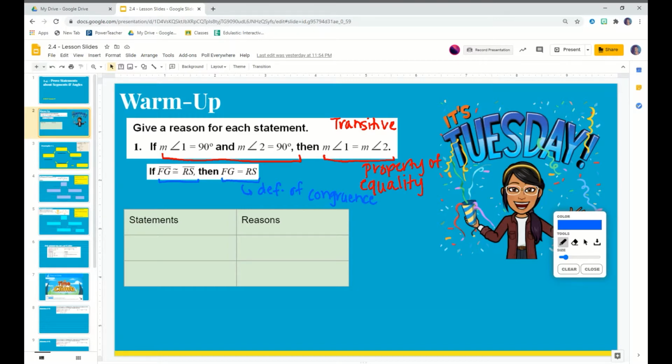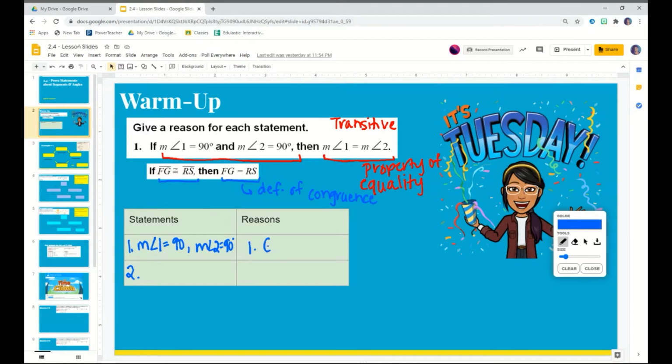Okay. So if I wanted to arrange these statements in a T-chart with my statements and reasons, it would look something like this. My first statement would be my condition here. So let's say the measure of angle 1 is 90 and the measure of angle 2 is also 90.